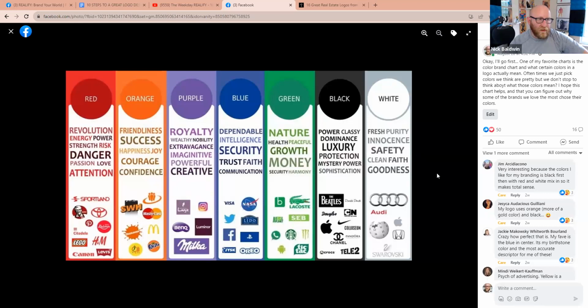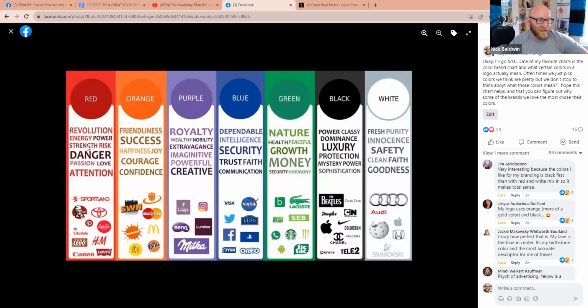It has several colors and what they mean and examples of companies that use them in their logos. So it's pretty cool, right? Orange, friendliness, success, courage, confidence. Purple, royalty, imaginative, creative. I just think this is interesting.